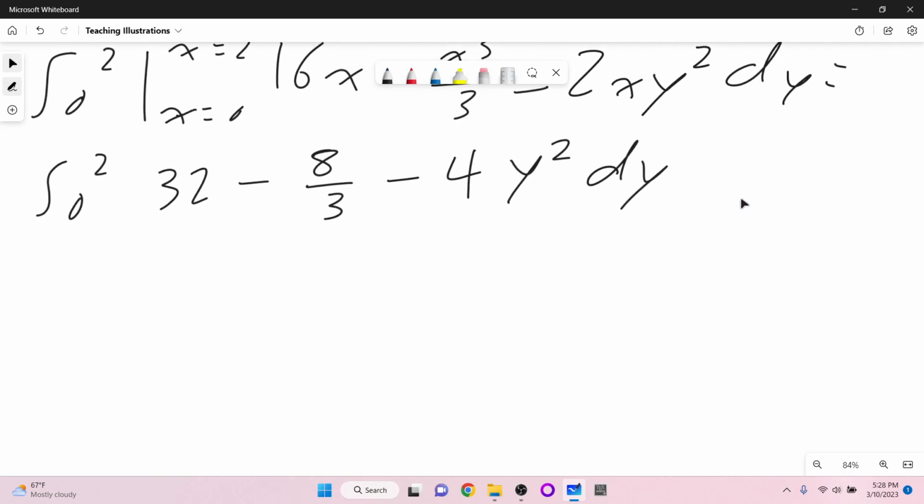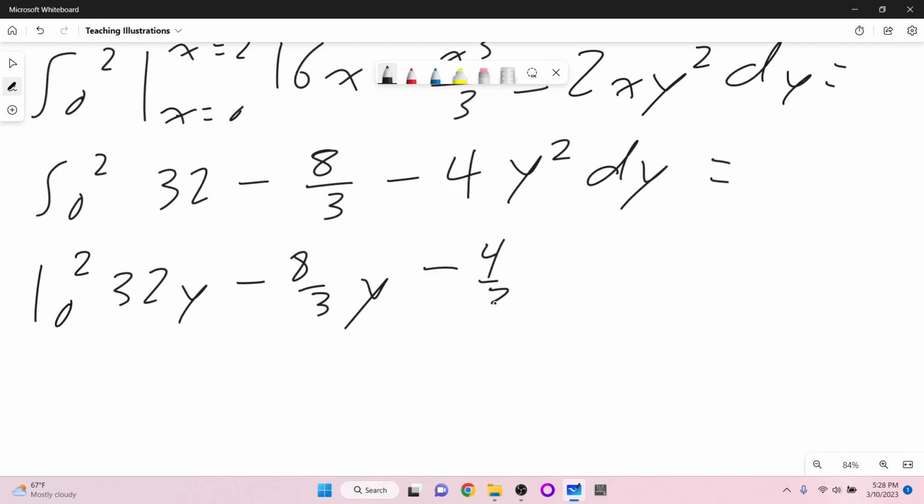And then we do another one of these, so we get 0 to 2 of 32y minus 8 thirds y. And you could combine these right now if you wanted to. It doesn't really matter. Minus 4 thirds y cubed, which would become 64 minus 16 over 3 minus, 2 cubed is 8, so that's 32 over 3.